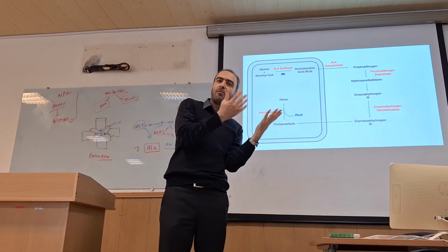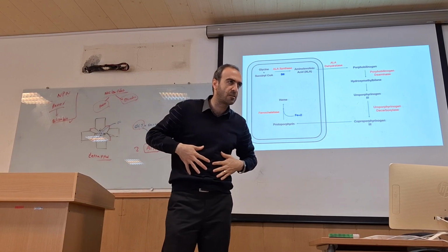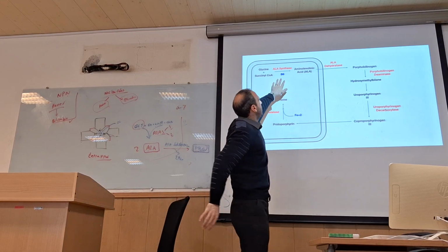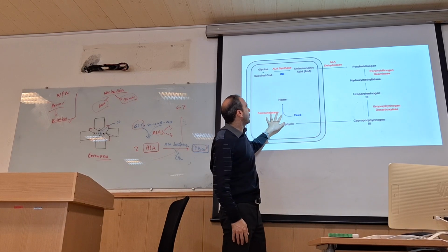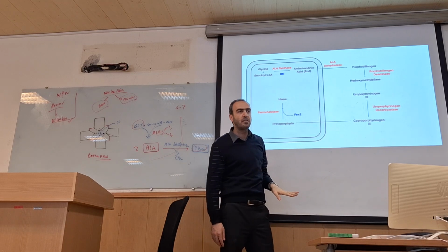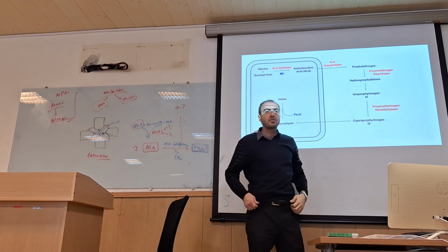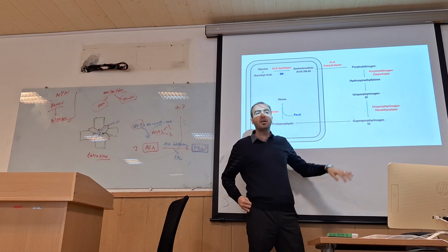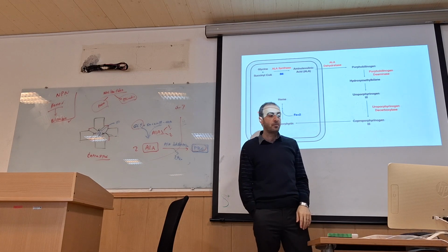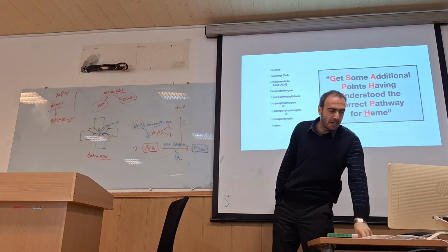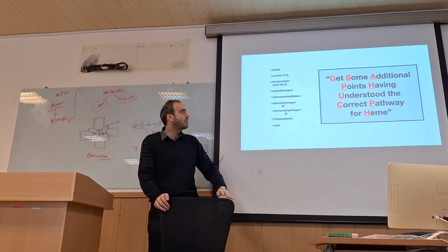So we have some porphyria related to anemia, some porphyria related to GI tract problems. This is related to anemia. And these enzymes, ALA dehydratase and ferrochelatase, are both inhibited by lead. And uroporphyrinogen decarboxylase is also important because it's the most common type of porphyria and leads to porphyria cutanea tarda.